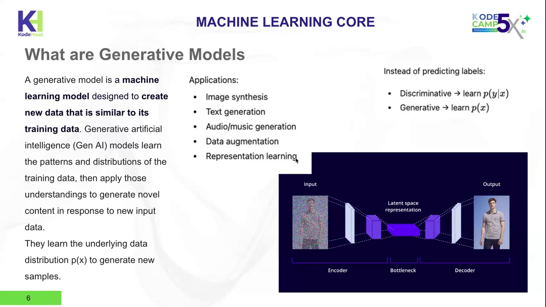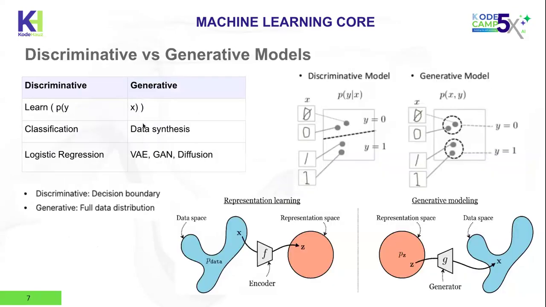So we'll look at some of it. When we say discriminative, that's what does classification and regression, right? But when you say generative, that's what generates. So typically, discriminative learns the probability of y given x, while generative just learns the probability of x, right? Discriminative is used for classification, while generative is used for data synthesis, whatever the kind of data.